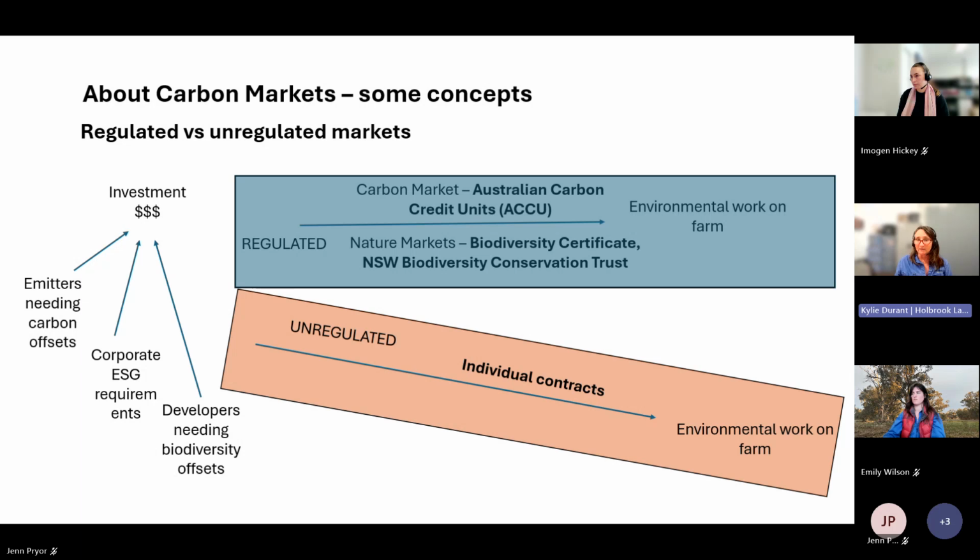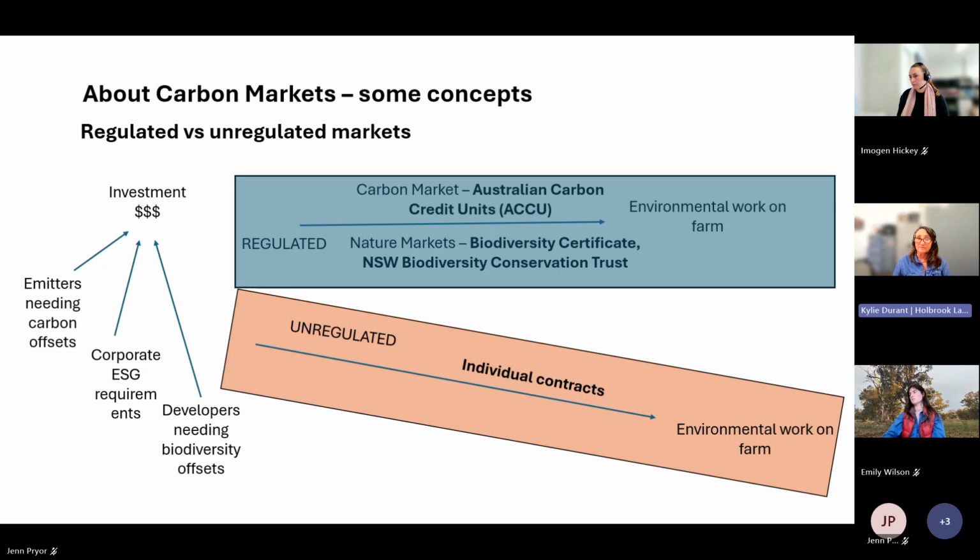There is also the unregulated market, which is becoming more and more a thing, probably driven by corporate ESG reporting requirements. So very large corporations, you know, Kellogg's, Nestle, are looking to invest in good environmental things in order to be able to report that they're doing good things with their investment.